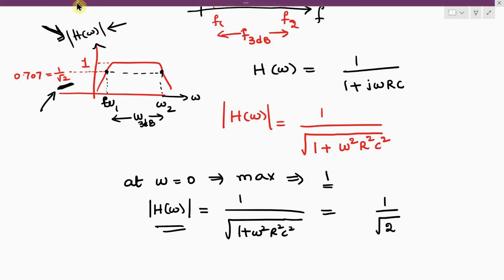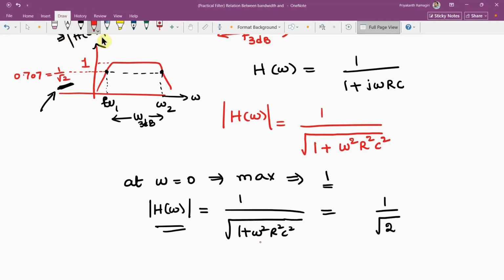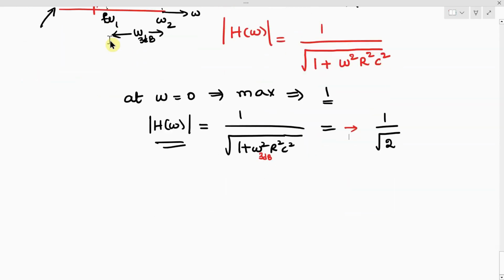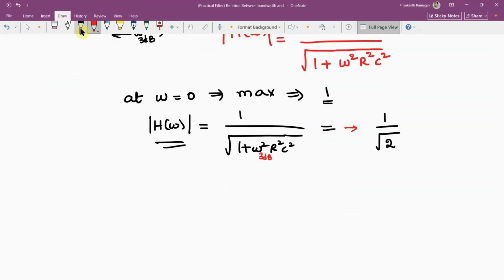Then at that value of omega 3 dB, the magnitude should be equal to 1 by root 2. Now, please simplify this. Squaring on both sides, what will you get? Because already you have both 1 by root and 1 by root. I'm directly writing like this.